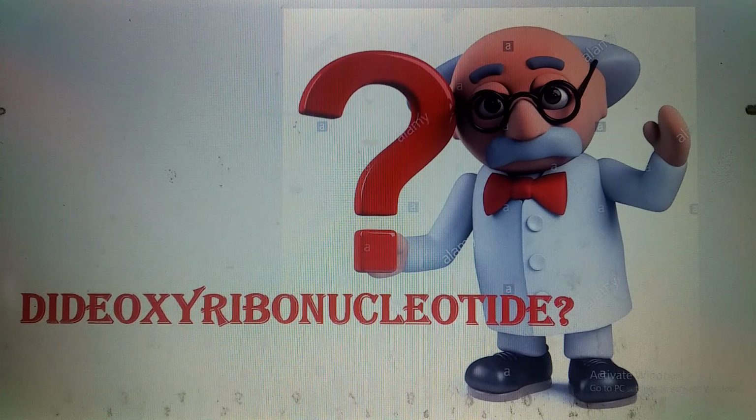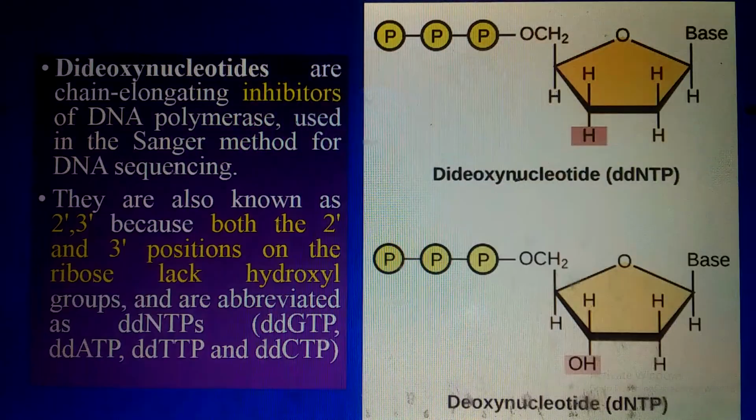So there are basically two types of ribonucleotides: oxyribonucleotide, which is present in the RNA, and deoxyribonucleotide, which is present in the DNA. The difference between the deoxy and oxyribonucleotide is the presence and absence of the oxygen atom at carbon number 2.